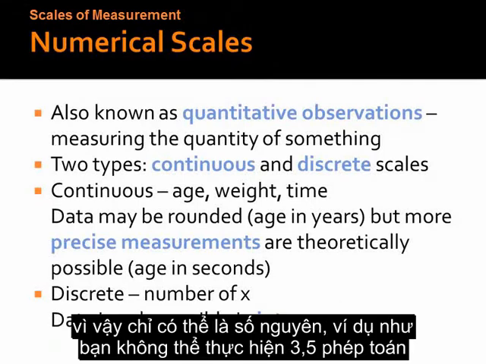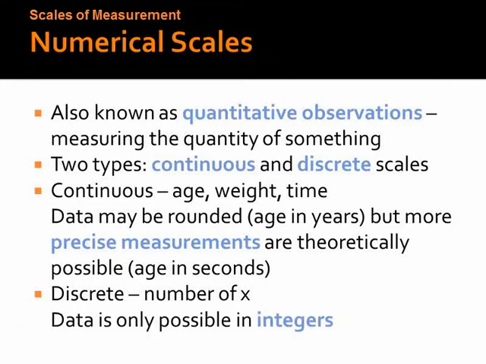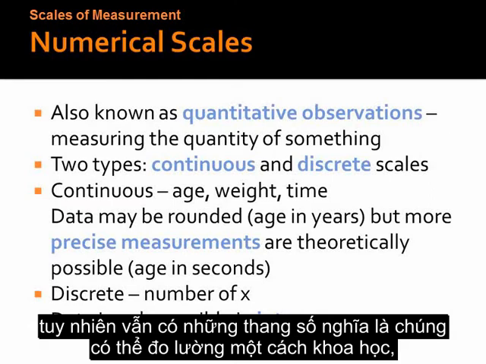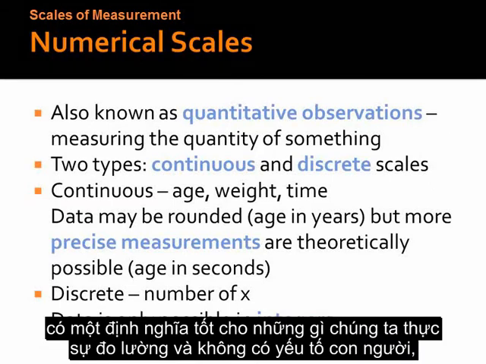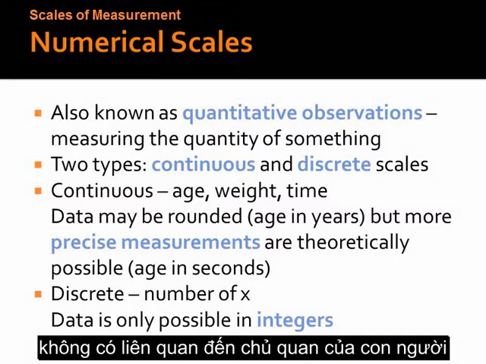So it's only possible in integers. You can't have had 3.5 operations done, for example. However, they are still numerical scales in the sense that they are scientifically measurable. There's a good definition for what we're actually measuring, and there's no kind of human subjectivity involved.